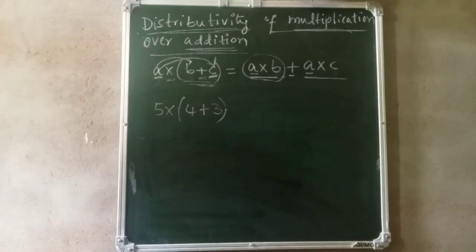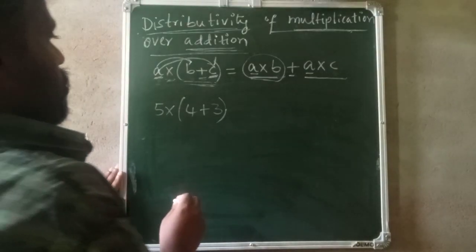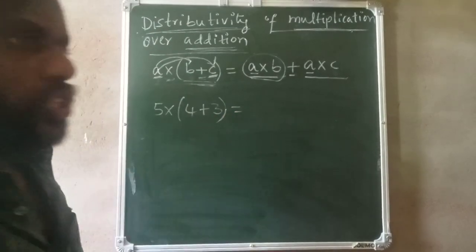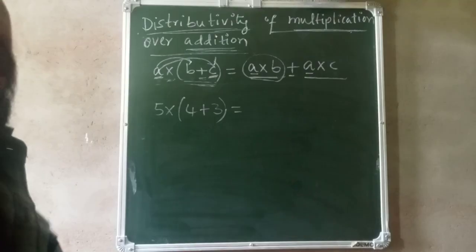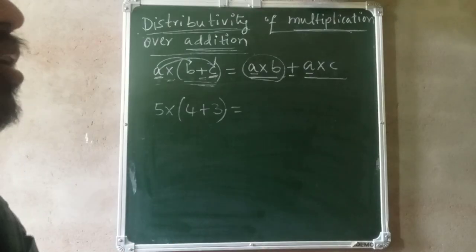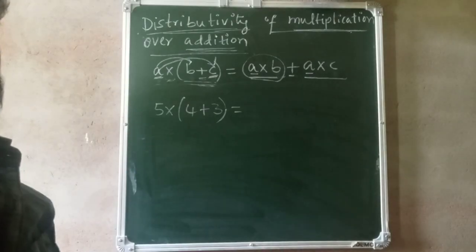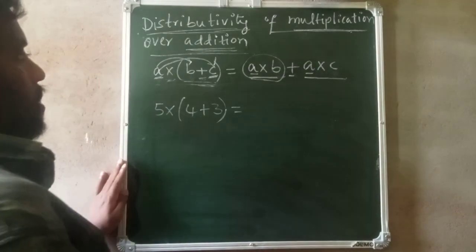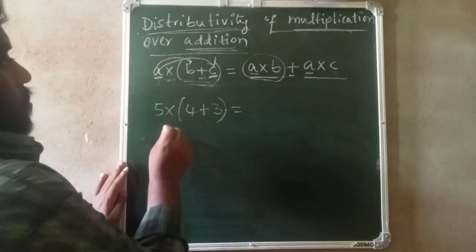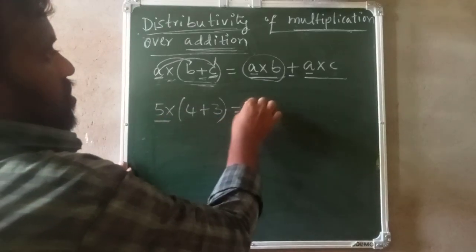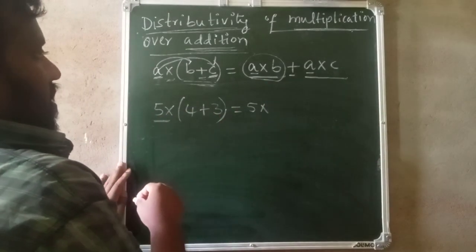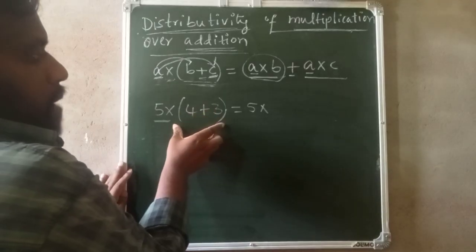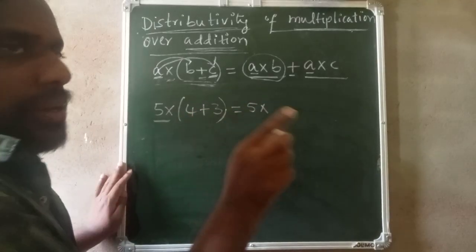Okay. The first thing we have to do is check the answer using normal multiplication. We have to find the answer using normal multiplication. So using normal multiplication, how will we do it? First we will keep this 5 into. Next we will simplify this. Inside this bracket, whatever is there, we have to simplify that.